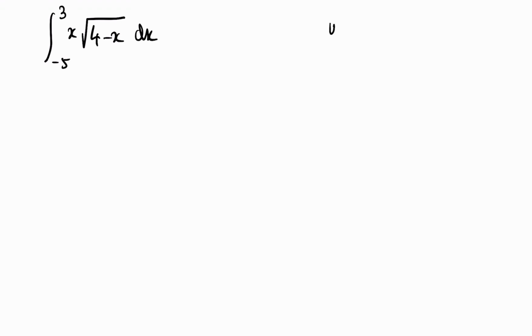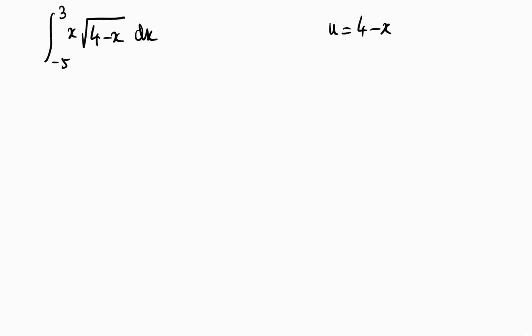Okay, let's do another example. We want to find the integral from minus 5 to 3 of x root of 4 minus x dx, and we use the substitution u equals 4 minus x.